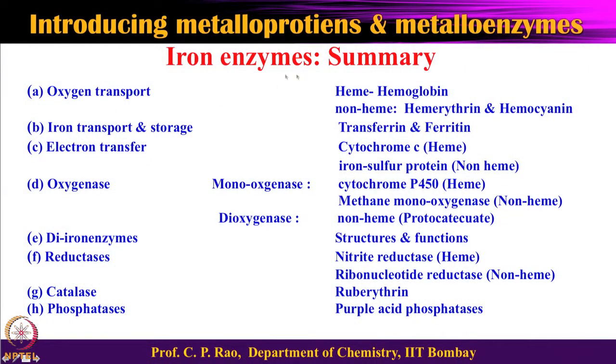Okay, so for the iron enzymes, I have talked to you about the oxygen transport ones. In oxygen transport, I have talked about the heme based hemoglobin and myoglobin. Hemoglobin does the transport, myoglobin does the storage, etc. Then I have also looked at some other cases, the molluscs and other species, where the non-heme hemerythrin has a di-iron center, and hemocyanin has a di-copper center.